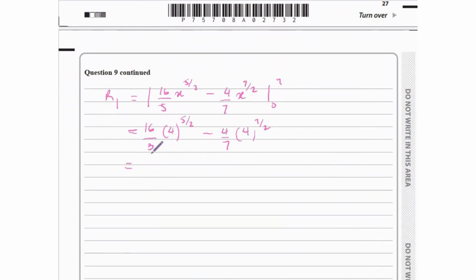So that gives us a value of 512 over 5 minus 512 over 7, which simplifies to 1024 over 35. That is the area of R1.